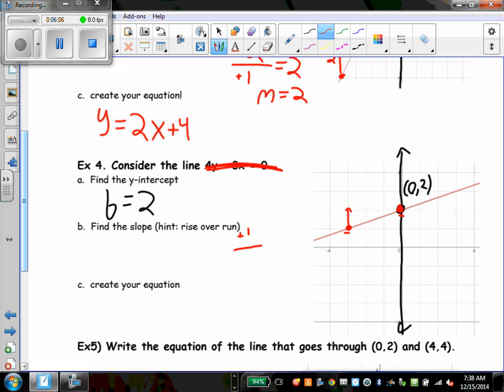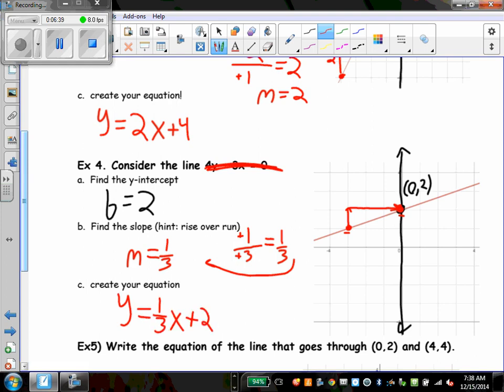So, our rise is positive 1. And the second thing we need to do to get to the point is go over 1, 2, 3 boxes. And that's 3 boxes to the right, which is a positive 3 in the x direction. Our run is positive 3. Positive 1 over positive 3 is 1/3. So, m is 1/3 here. Now we're ready to make our equation. So, we know then that y equals 1/3 x plus 2.